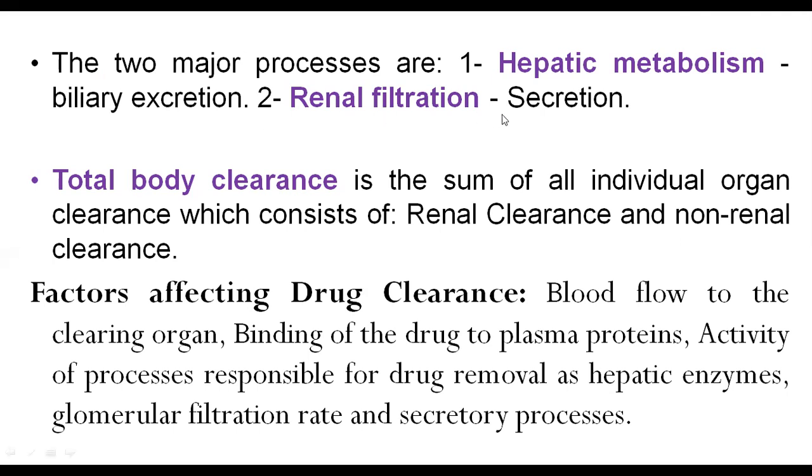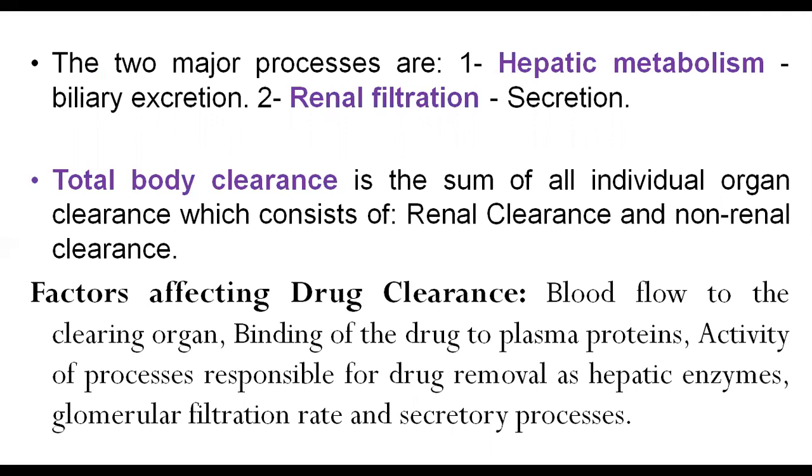Then renal filtration, basically, as drugs at the level of the kidney. Remember the processes that take place in the kidney during urine formation. We have pressure filtration, then selective reabsorption, and then secretion of substances into the renal tubules.